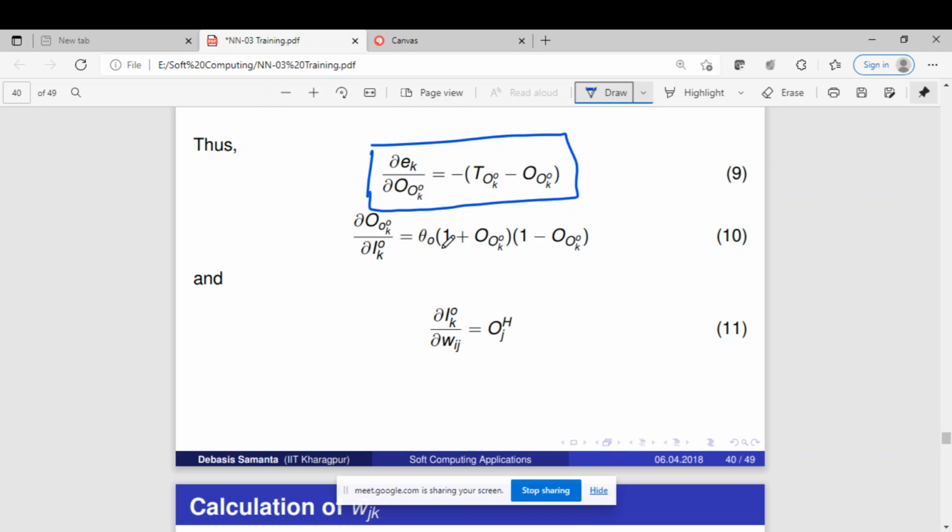But here, after differentiating, again this OOK comes, it is represented in terms of itself. The reason is that if it is represented in terms of itself, then the calculation will become simplified. So that is the reason why it is represented in that notation.